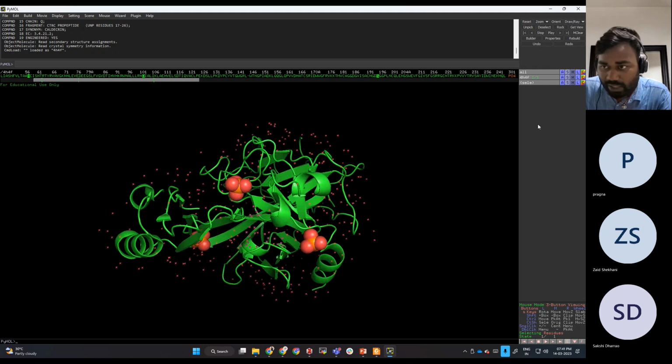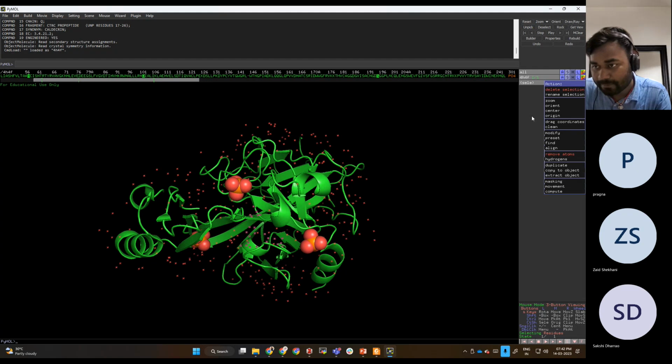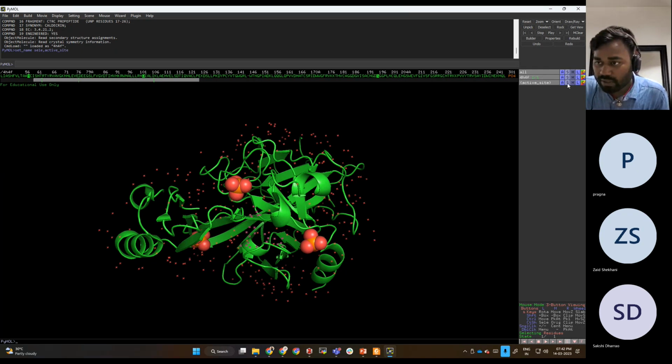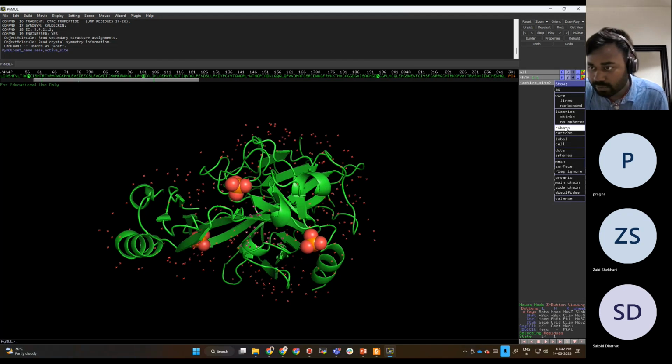Now whatever we have selected, we will rename it as an active site. Then we will change its representation so that you will be able to visualize more accurately. Now we will show this as sticks, not cartoon.